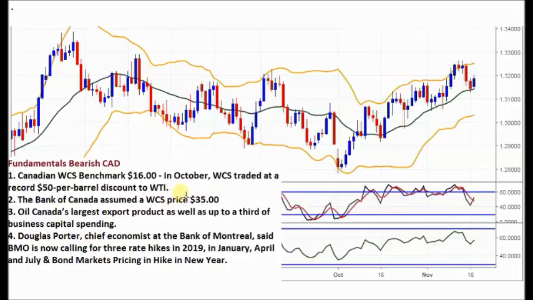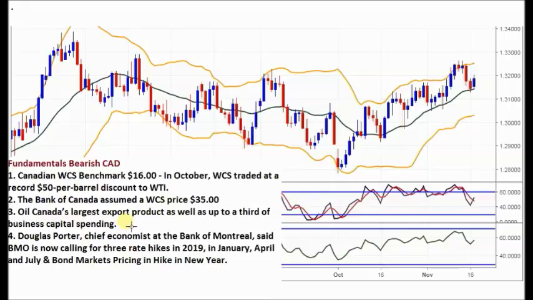Now, in terms of the Bank of Canada, they make a lot of economic projections based upon the price of WCS. Their economic projections, in terms of how the economy is going to do going forward, use $35 a barrel as the price. It's only 16 at the moment, and the discount is really wide. Now that's going to have an impact on the Bank of Canada's thinking.